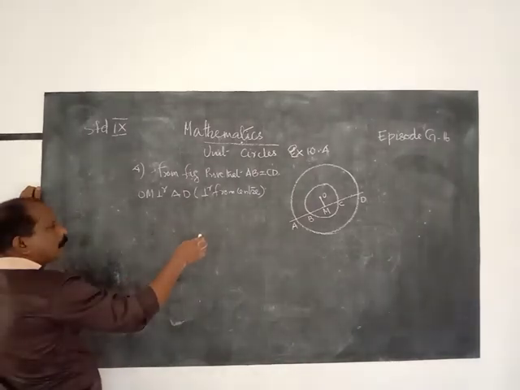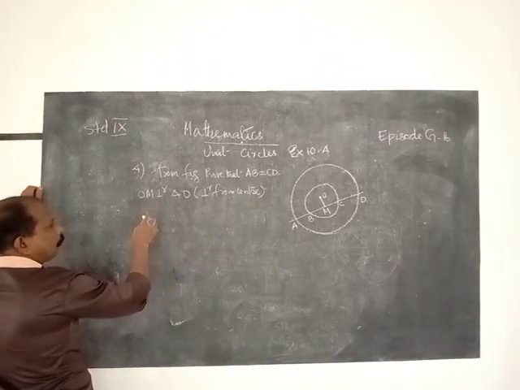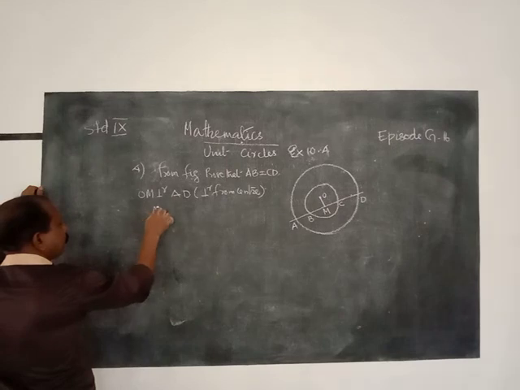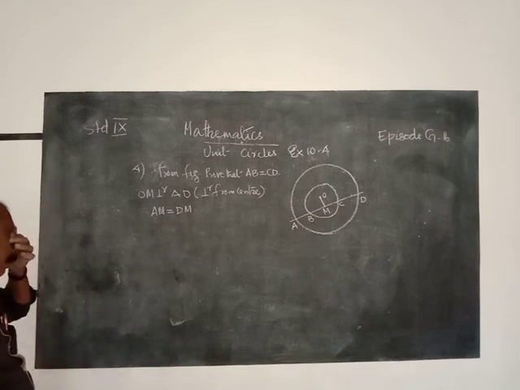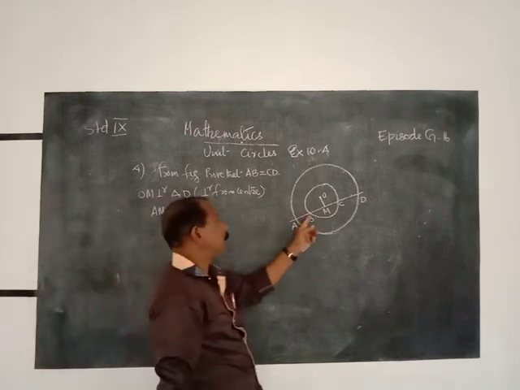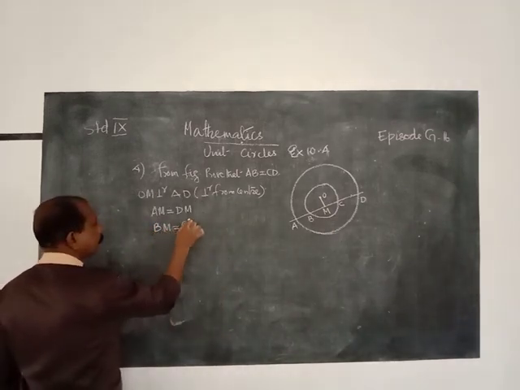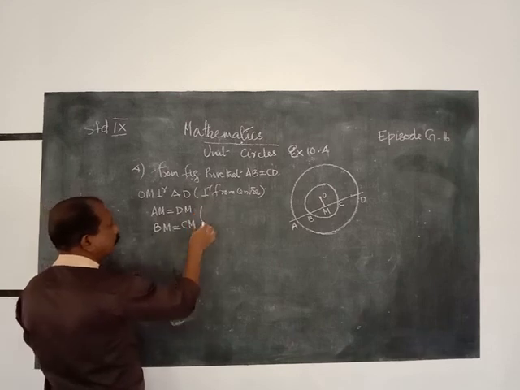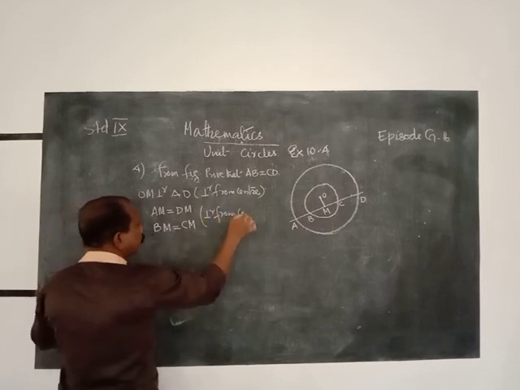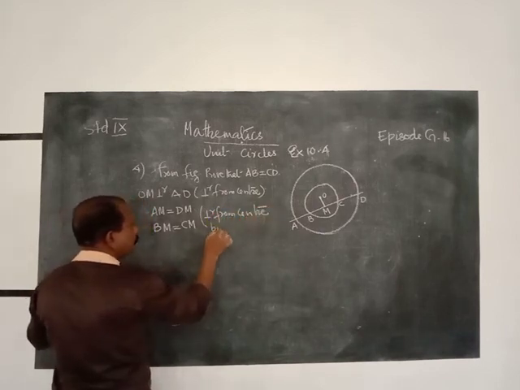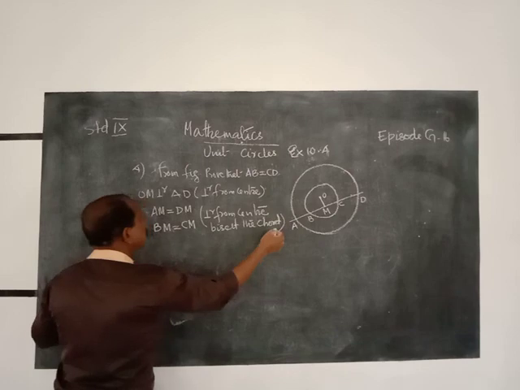Therefore, AM is equal to DM. Similarly, BM is equal to CM. What is the reason? The perpendicular from the center bisects the chord. That is the reason.